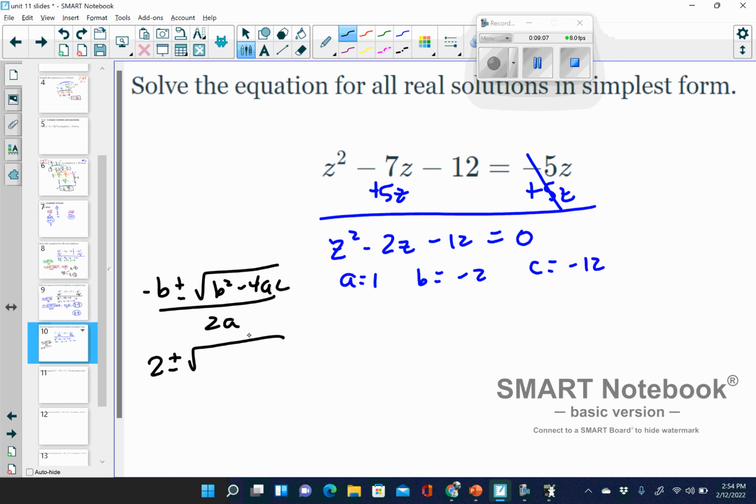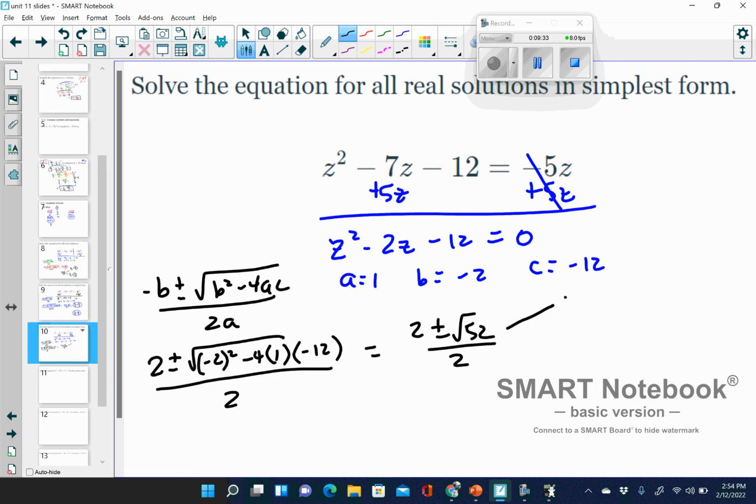Negative 2 squared minus 4 times 1 times c is negative 12. 2 times 1 is 2. So we have 2 plus or minus the square root of 52 all over 2.